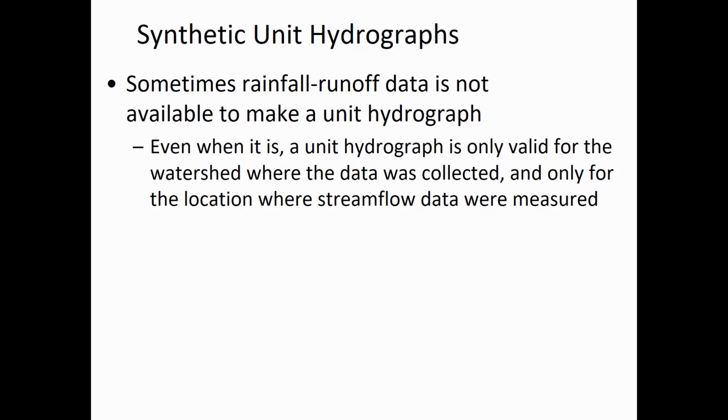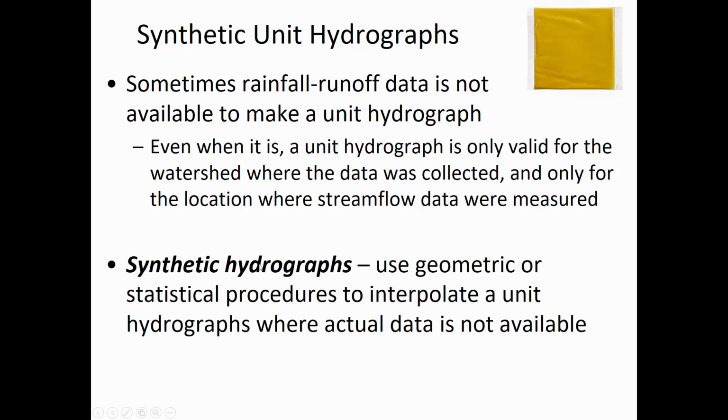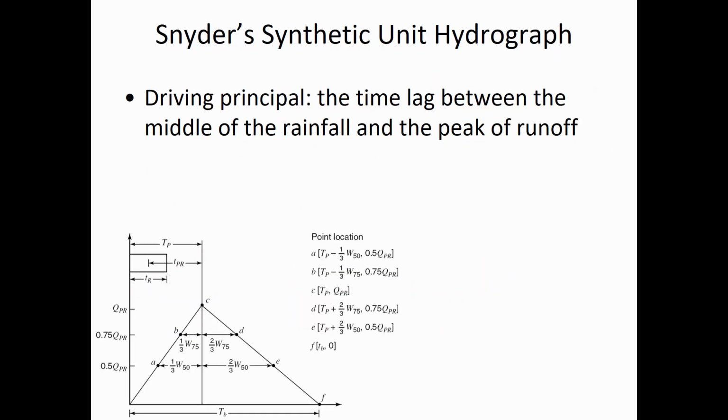Basically, they assessed the length of the watershed, the area, and some other physical factors, and then they found ways of coming up with a unit hydrograph when you didn't have available data. So these synthetic unit hydrographs use geometric or statistical processes to interpolate a hydrograph when you don't have the actual measured physical data for a watershed.